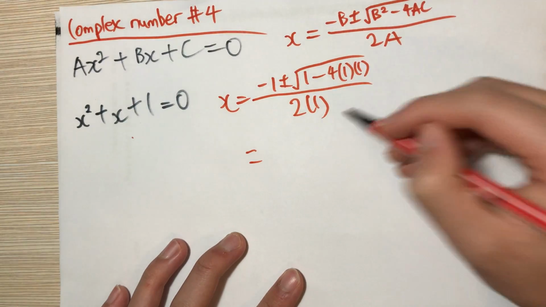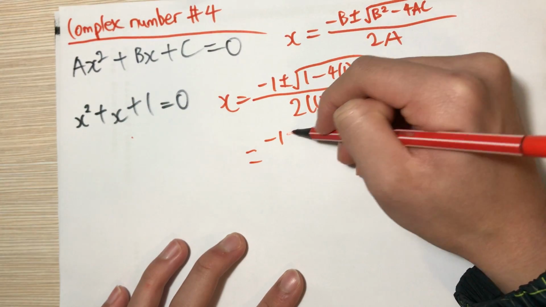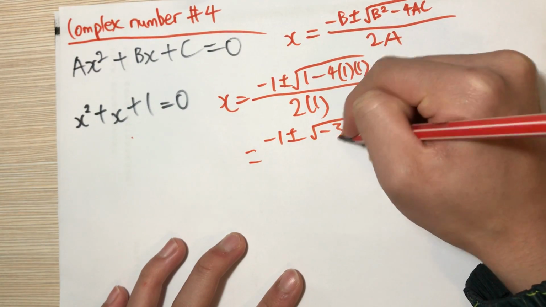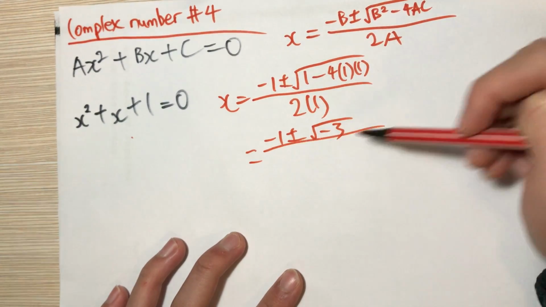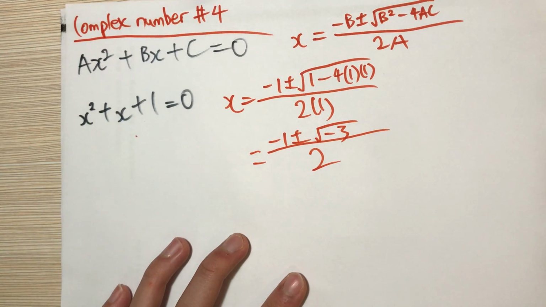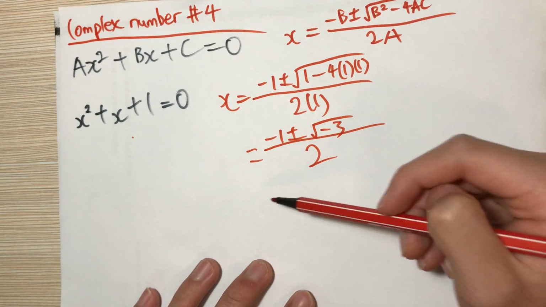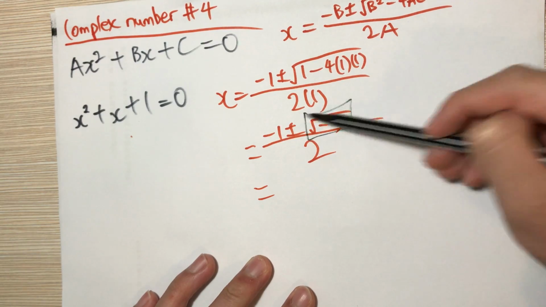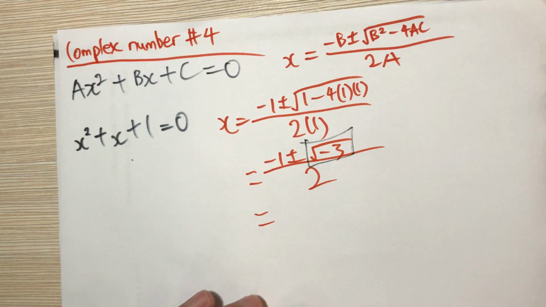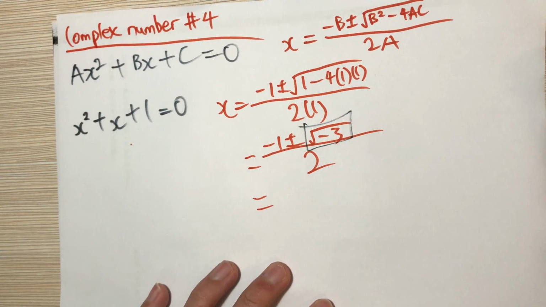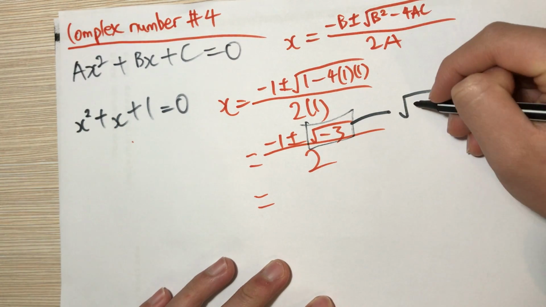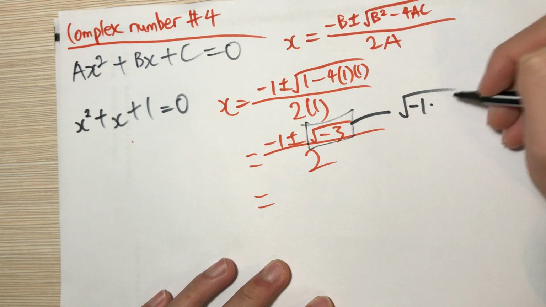And then we do some simplification. We get -1 plus or minus the square root of -3 over 2. Okay, now remember, how can we split out the square root of -3? We can just write it down as the square root of -1 times 3.